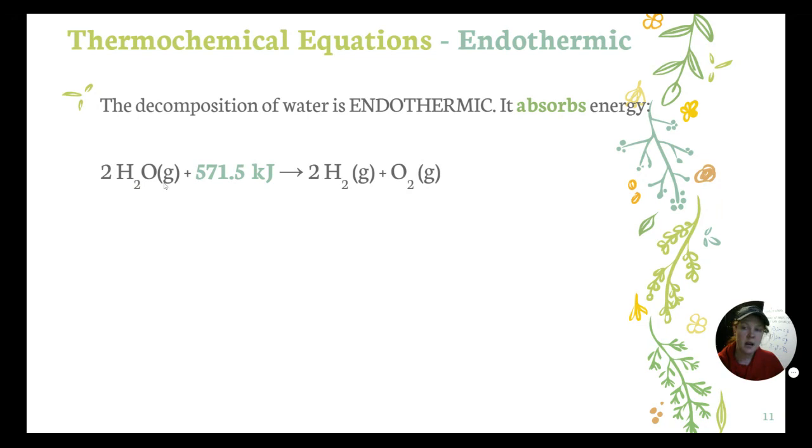So here you can see that we've incorporated the heat content into the actual chemical equation, which is totally fine. We included the unit, kilojoule, and this tells us that in order for us to decompose water, we need to implement 571.5 kilojoules for every 2 moles of water, right? Well, what if I had 4 moles of water?